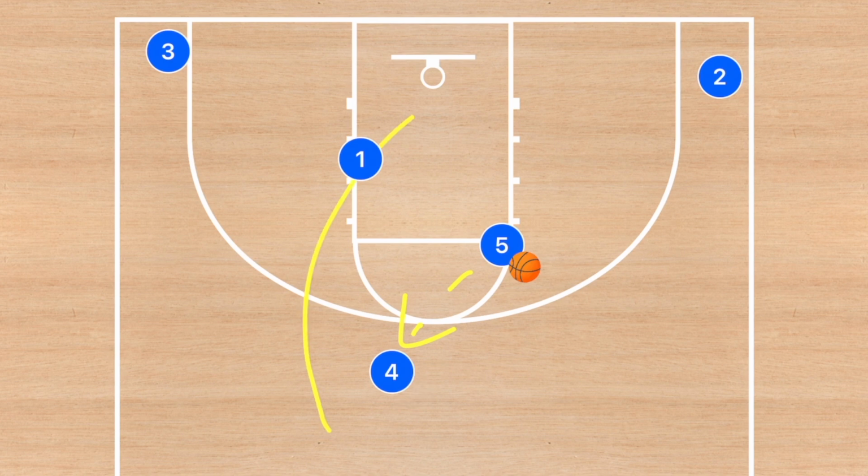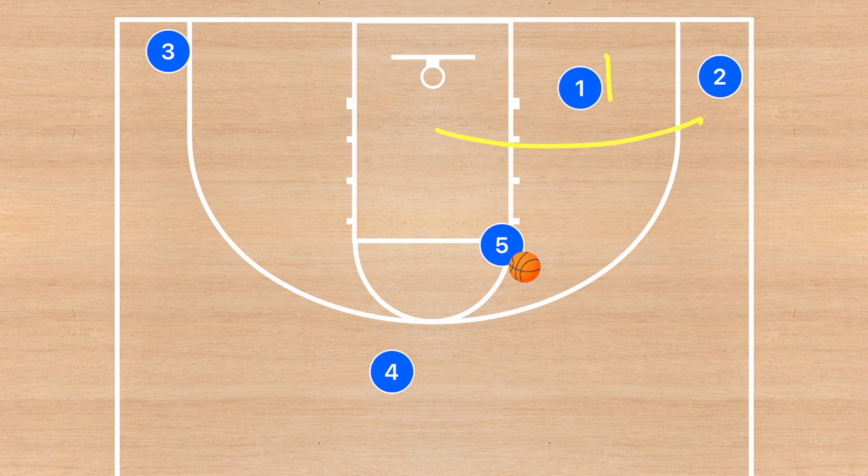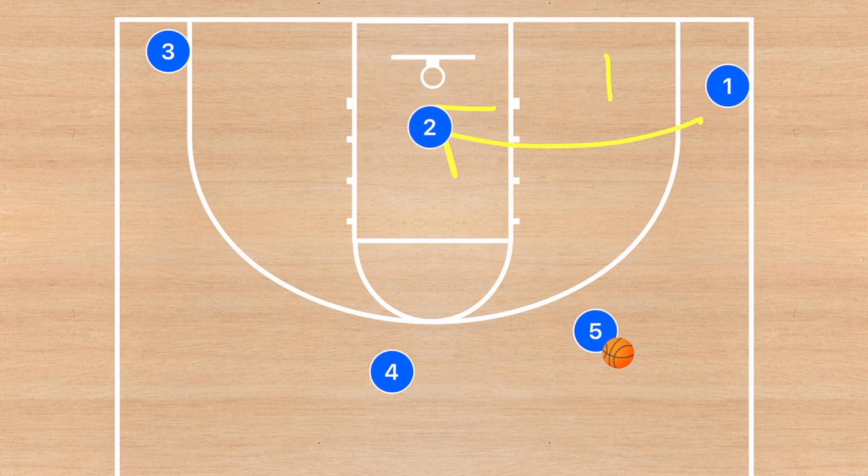After he cuts, if he's not open, he is going to continue through and set the screen away as a back screen for player 2. Player 2 is then going to be the option for player 5, or player 5 at this point can just pop out. If player 2 is not open, he can then fill out, and we can just set up something with the 5 out to run super quick.